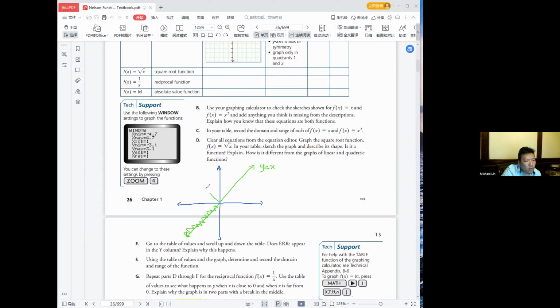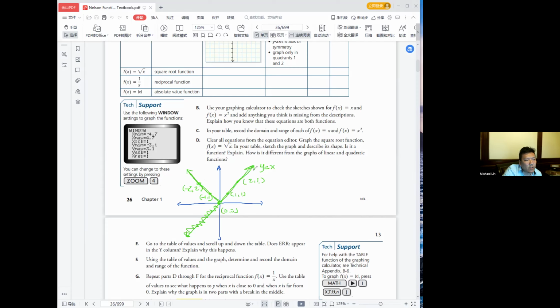It's going to be reflected upwards to be positive. So the absolute value function is going to have the point (0, 0), then (1, 1), then (2, 2). And on the other side, it's going to have (-1, 1) and (-2, 2). So it creates this type of V shape on your graph.